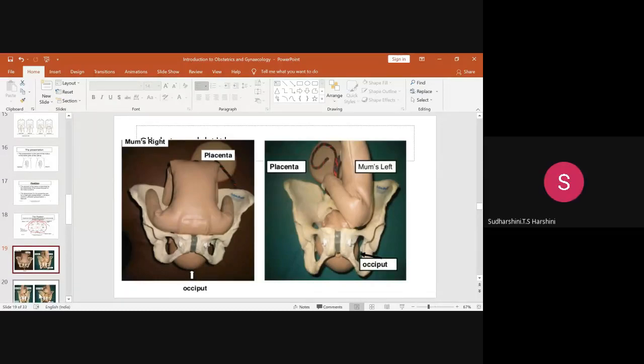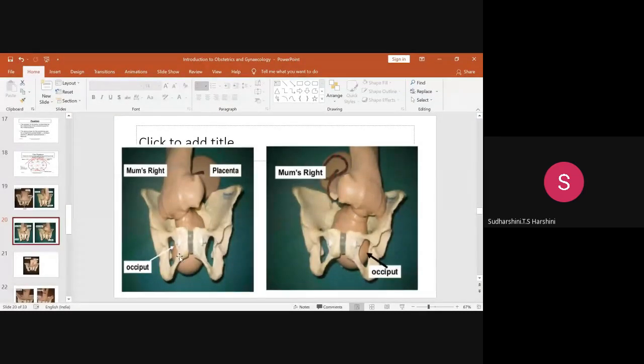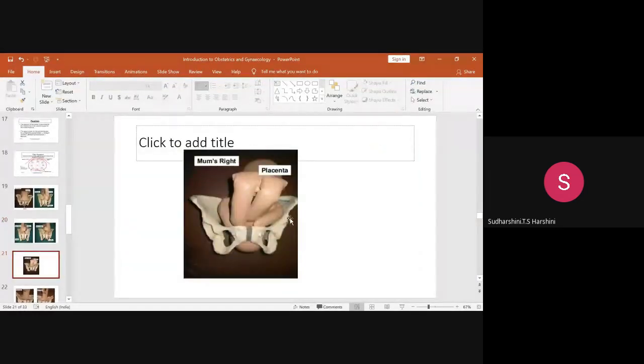Okay, good. This one, this is the mother's right, and this is the occiput. Right occipito-anterior. Okay. Right occipito-anterior, left occipito-anterior. This one, you tell me. This is the face of the baby, so the occiput will be posterior. So this is direct occipito-posterior.